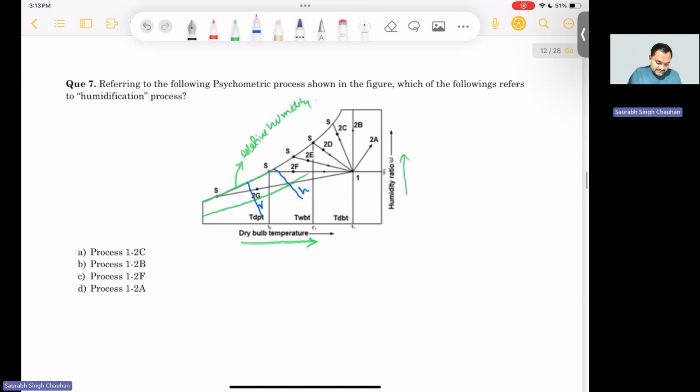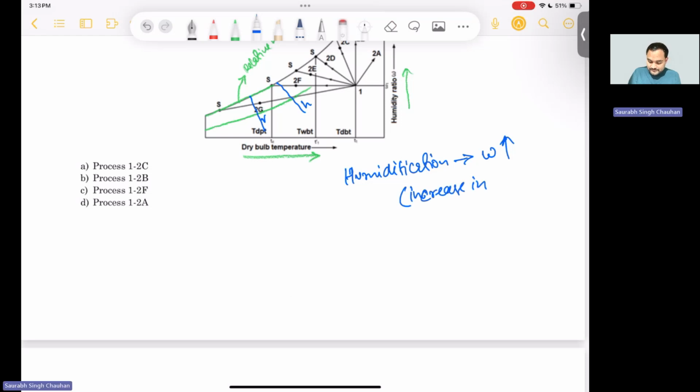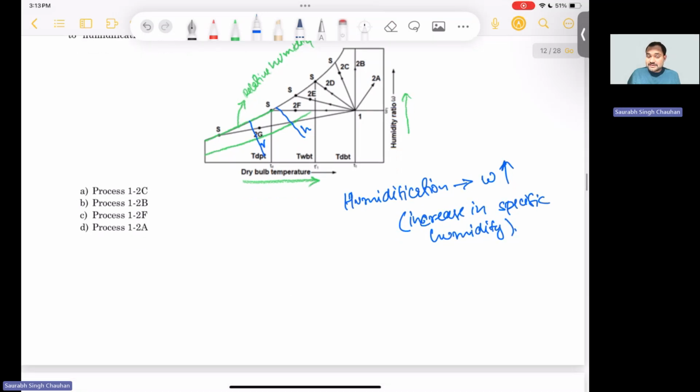So humidification means omega increases, specific humidity increases, right? Humidification means increase in specific humidity. Okay, so increase in specific humidity means you will go from the given point in the upward direction.